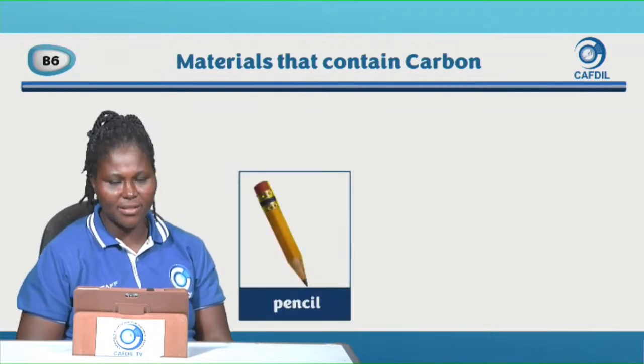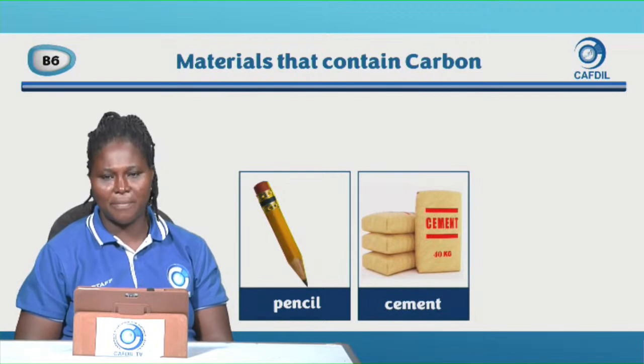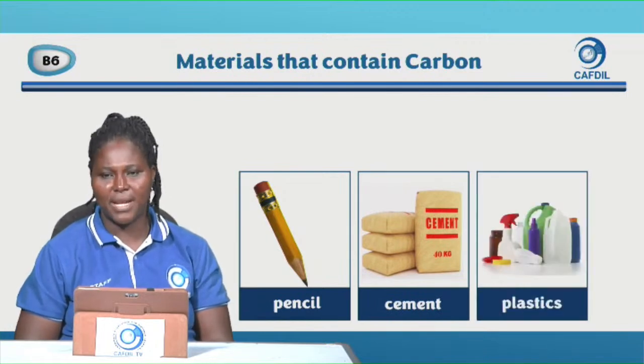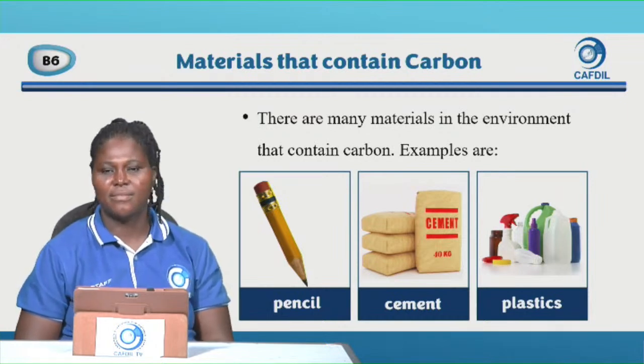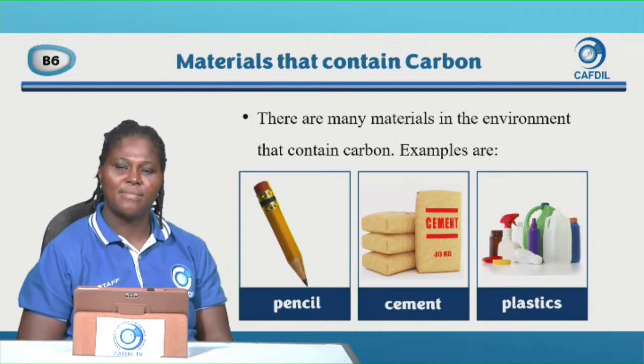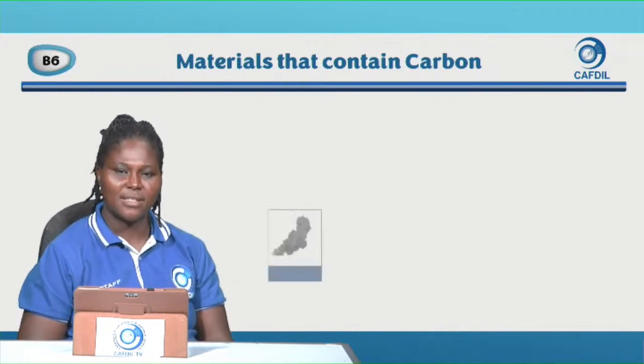We have pencil, cement, plastics. So there are many materials in the environment that contain carbon. Examples are pencil, cement, plastics. Good.